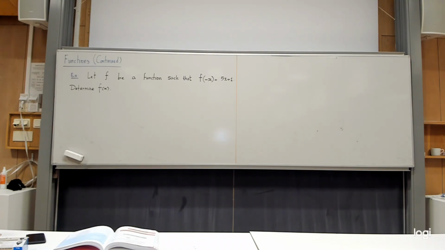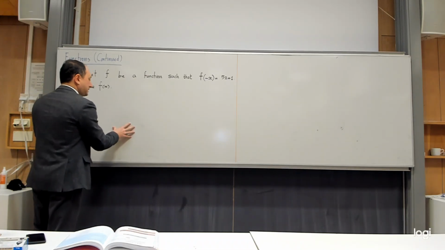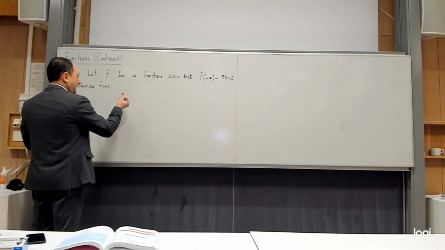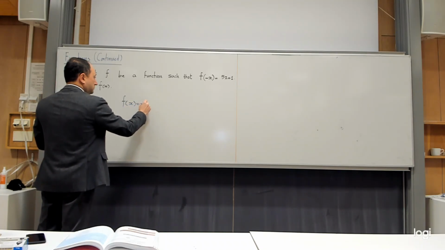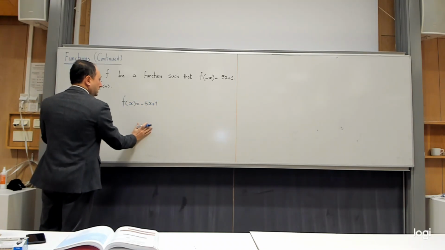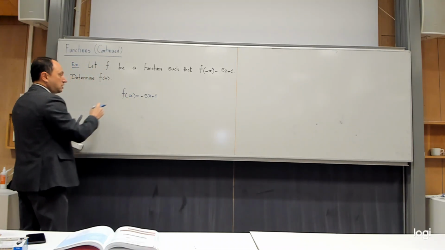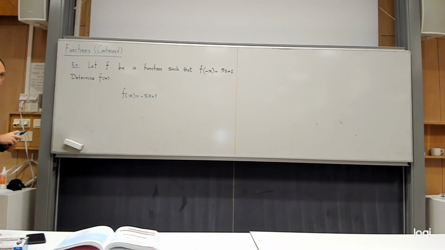Yes, Tim? Yes. So the answer is simply this: f of x, but I want you to understand this method, is minus 5x plus 1. Okay, first of all, let me solve the problem as we learned yesterday.